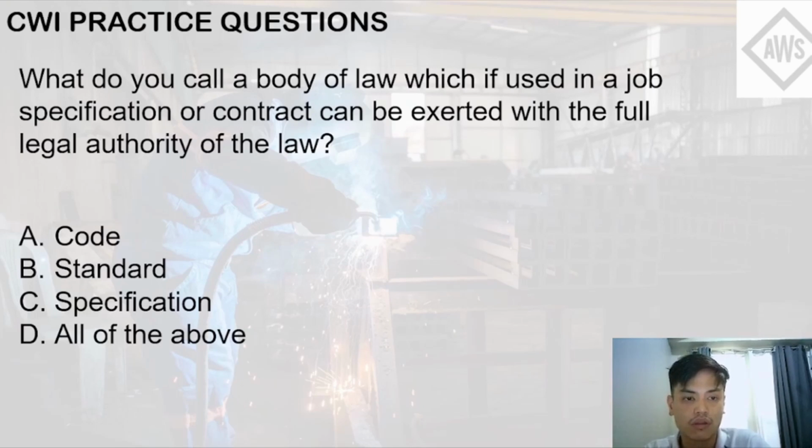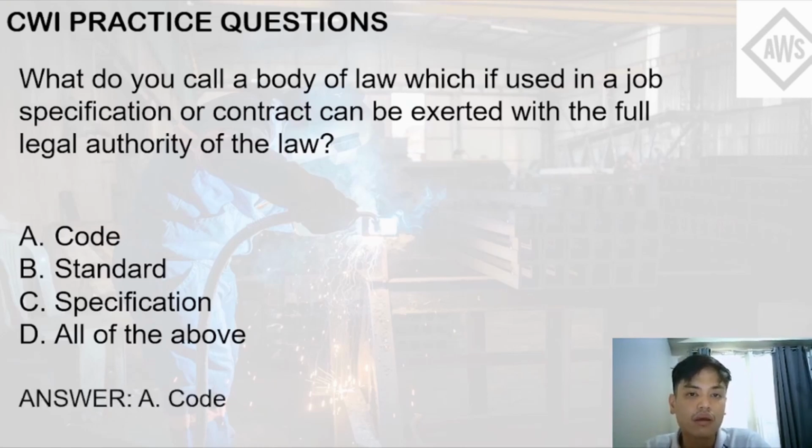Not to go on a tangent, but the welding procedure specification is the best example of a specification because it lists the needed specs for the weld, for example, the electrical current, the base metal, the filler metal, and the welding technique as well. So the answer here is A, code.